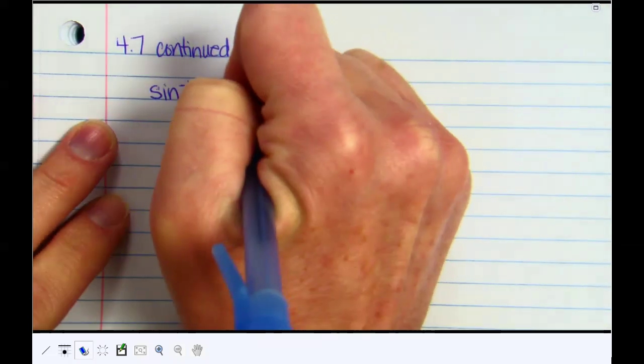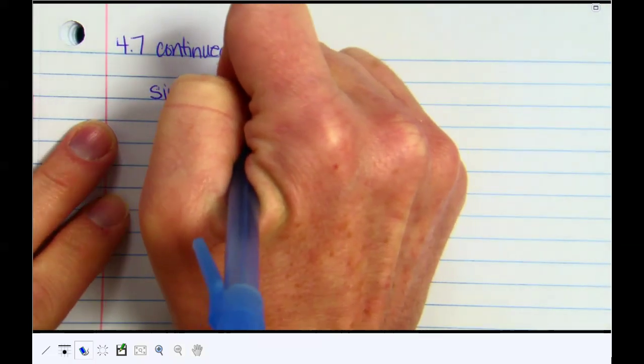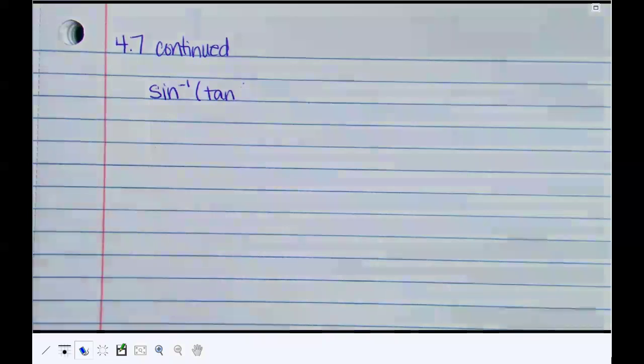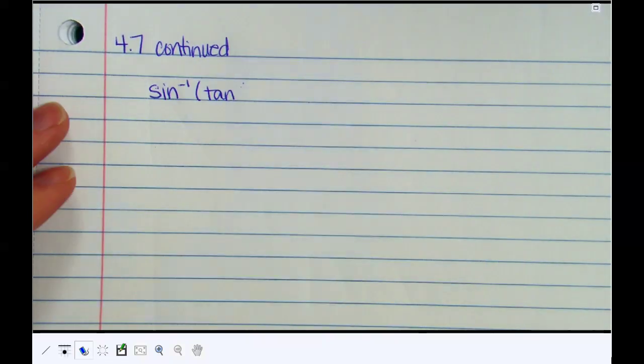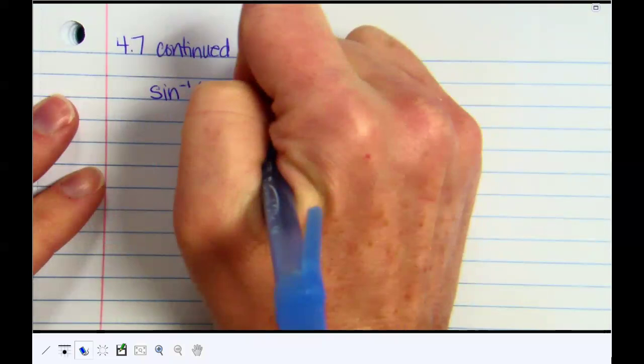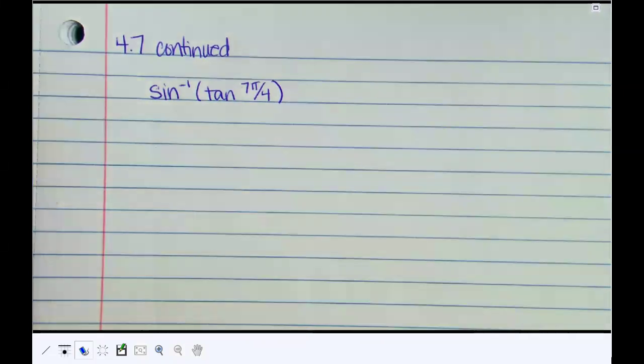So let me have you see if you can find sine inverse of the tangent of. I have my circle. All of them. Well, that's not fair. We just took a test. And like 4 people were gone, so zeros for their test.